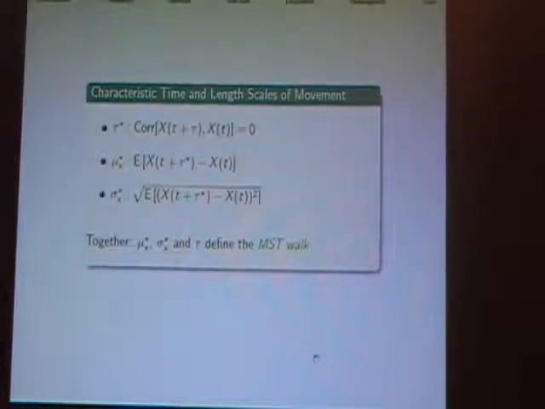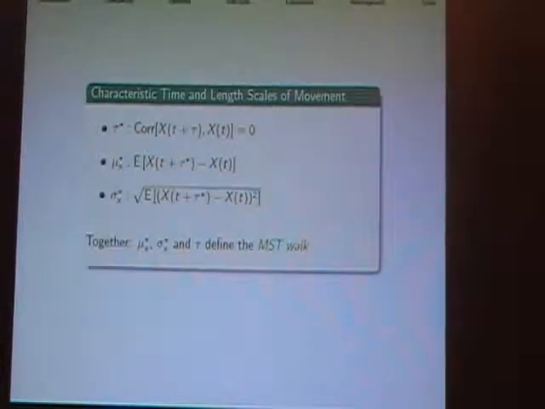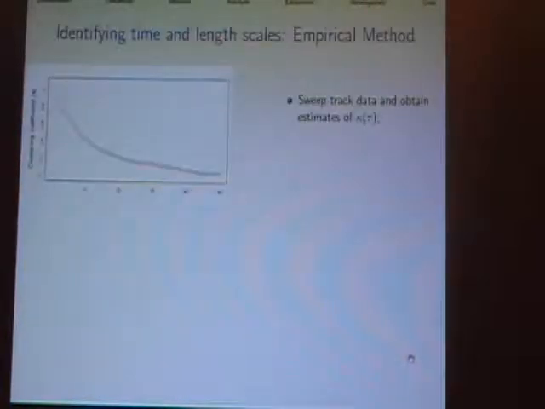It is a random walk with advection that is parametrized in terms of those scales of movement. And I make an assertion that those scales of movement are very important for a lot of processes that I'm going to talk about shortly. But first, how do we find them?